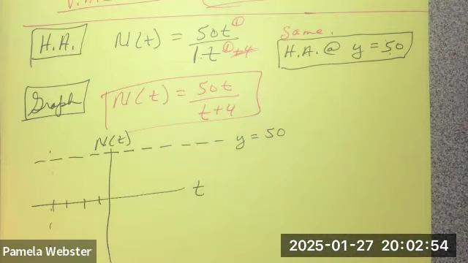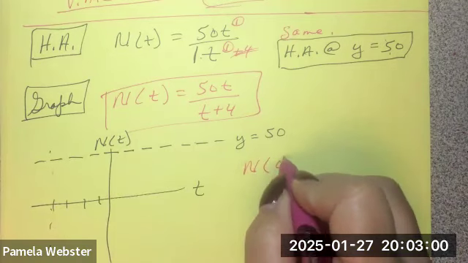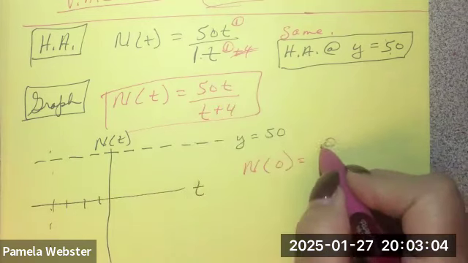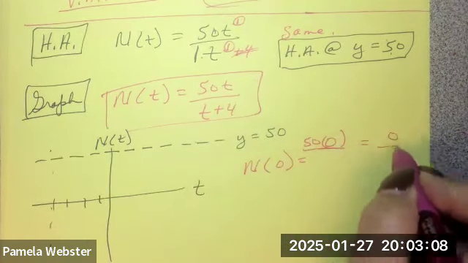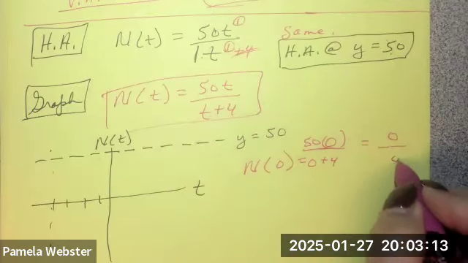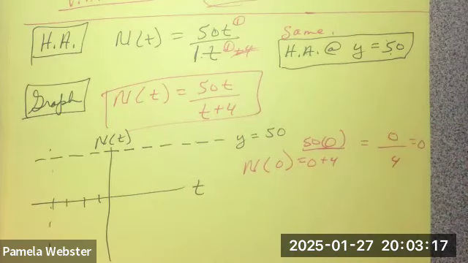I particularly like 0. What if I don't have any days? Okay. 50 times 0 is going to be 0. And then on bottom, 0 plus 4 is going to be 4, but we know 0 is 0. And I actually said this earlier, right?